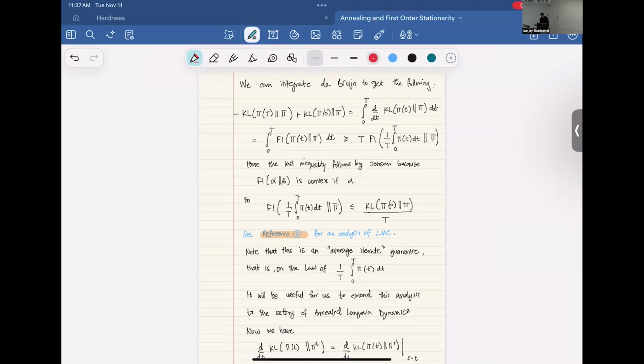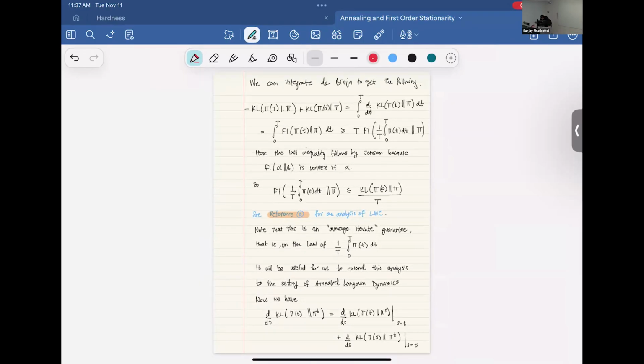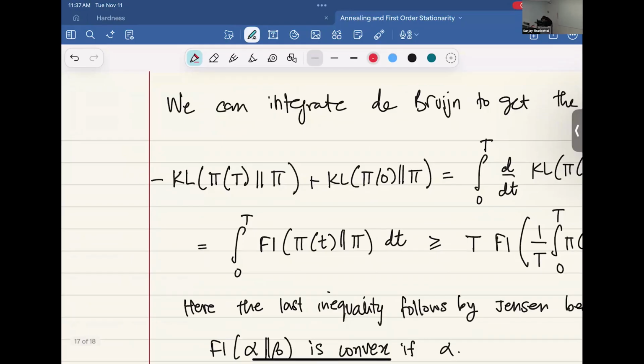But anyway, coming back to De Bruijn, we can integrate both sides of that. So now De Bruijn's on a different page. De Bruijn said this.